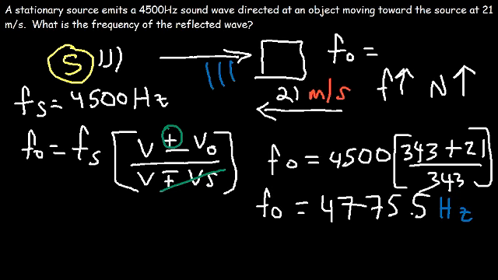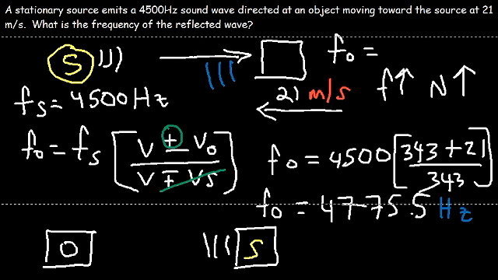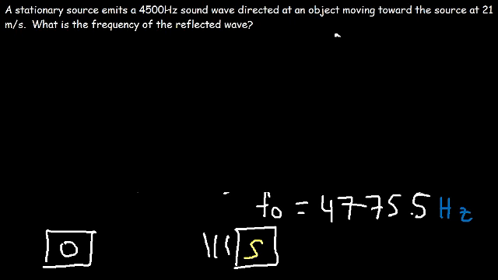So going backwards, we can now treat the object as if it's the source. And the source will be treated as the observer. So Fo now becomes Fs for the reflected wave.